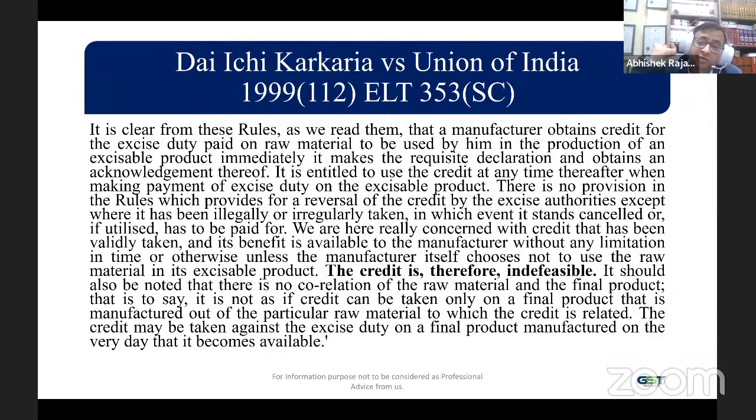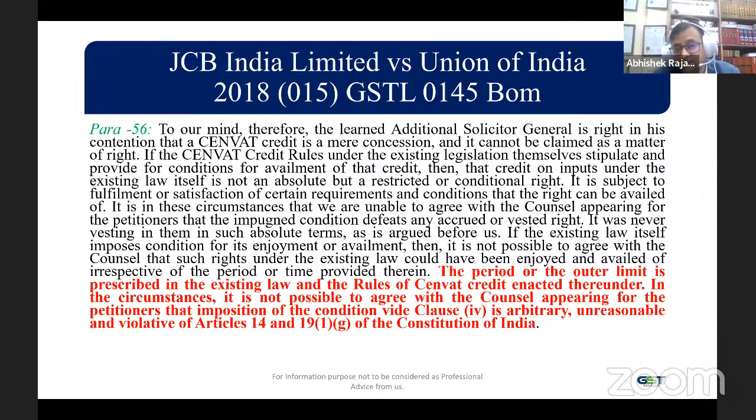Whatever happens later on, the right is indefeasible. But in 2018, the Bombay High Court said no. For Cenvat credit, restrictions can be imposed, and these are not arbitrary. These are not in violation of Article 14 or Article 19(1)(g). Article 14 is about equality before law, and 19(1)(g) is about the right to trade or right to business.